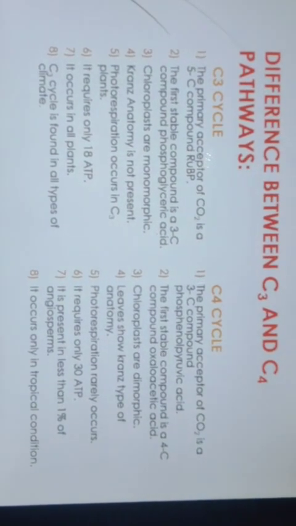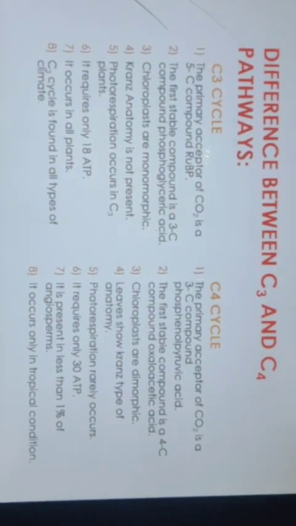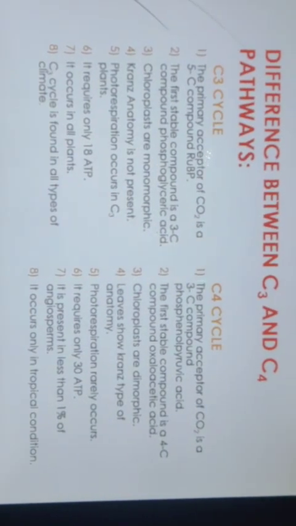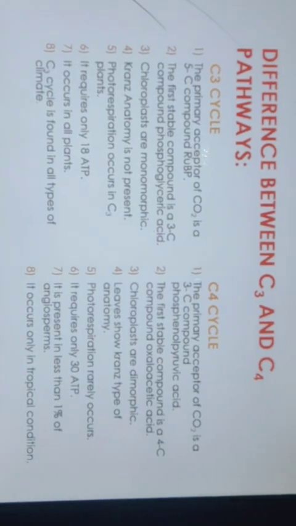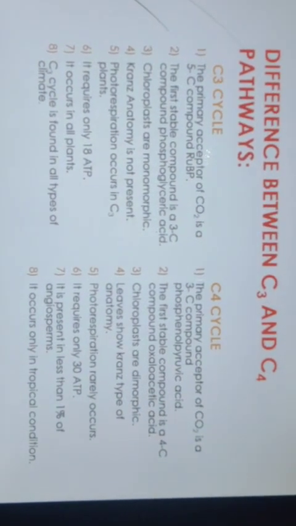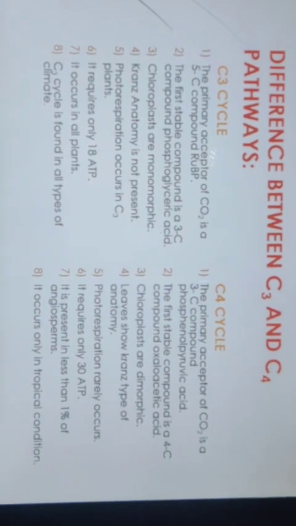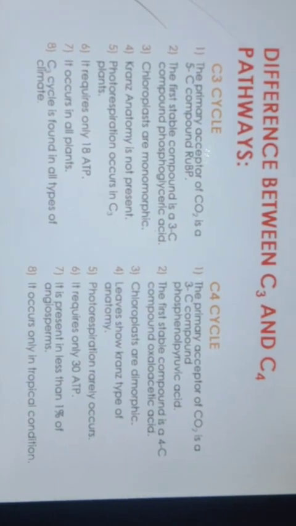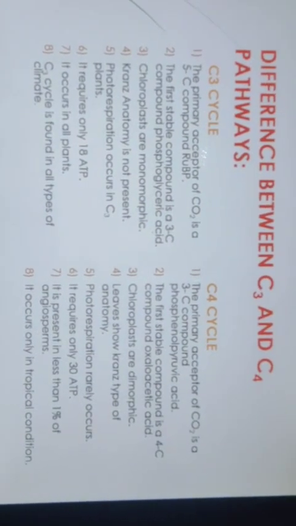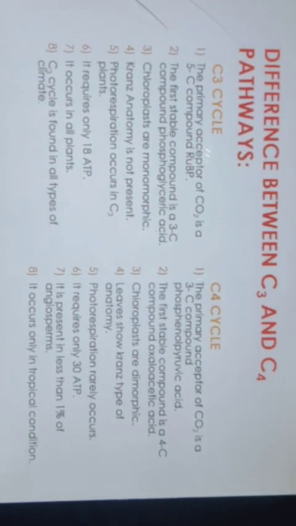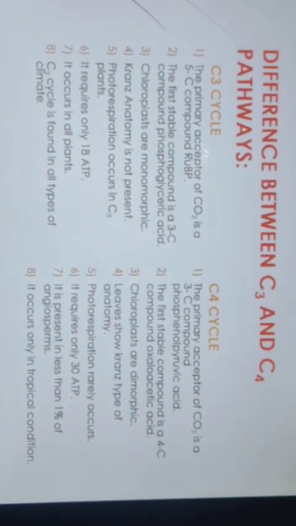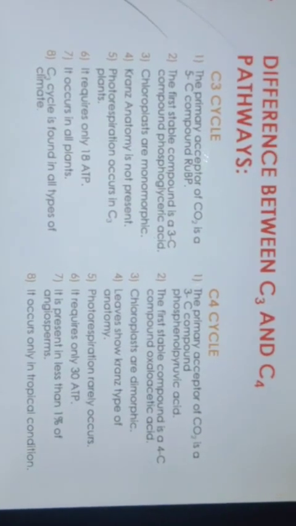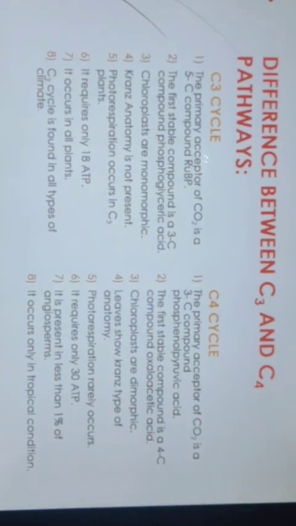So the C3 cycle is found in all types of climate, whereas the C4 cycle occurs only in tropical conditions. So the basic difference between C3 and C4 is that the first stable compound is a 3-carbon compound, hence named the C3 cycle, whereas in the C4 cycle, the first stable compound is oxaloacetic acid, which is a 4-carbon compound. Moreover, the C4 cycle is represented by Kranz anatomy, whereas Kranz anatomy is absent in the C3 cycle.